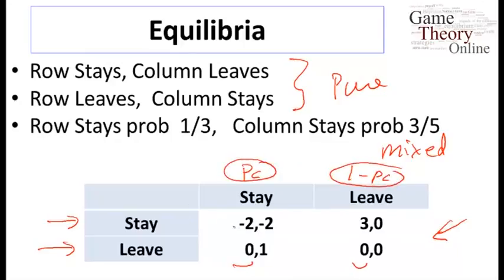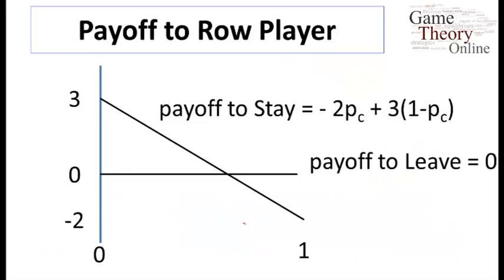In particular, we ended up with an equation that the payoff to staying is -2 times PC plus 3 times (1 minus PC). And then we can look at the payoff to stay, and graph that. Here on this axis is the probability that the column player stays.